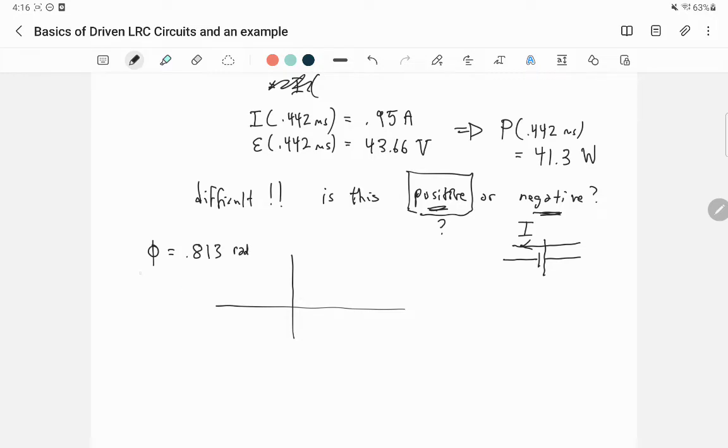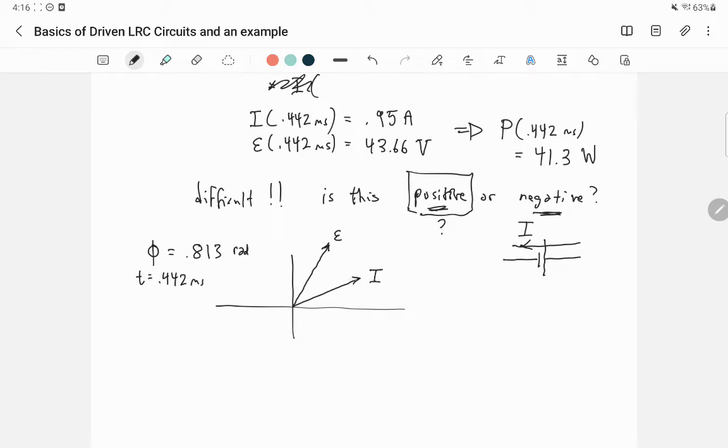And at the time t equal to 0.442 milliseconds, this is the special time, you're going to see that the phasor that represents the voltage is here, and the phasor that represents the current is here.